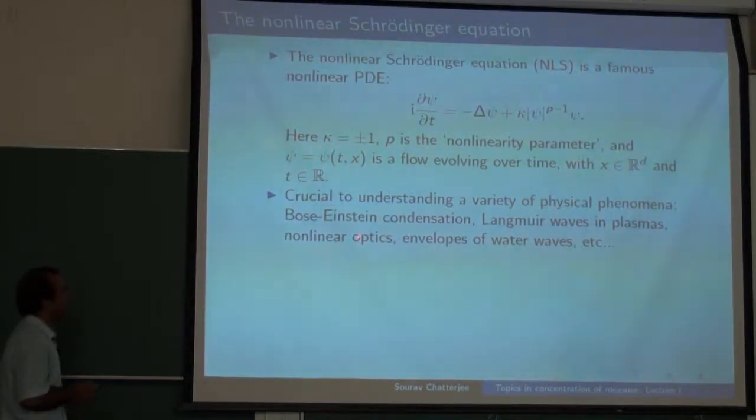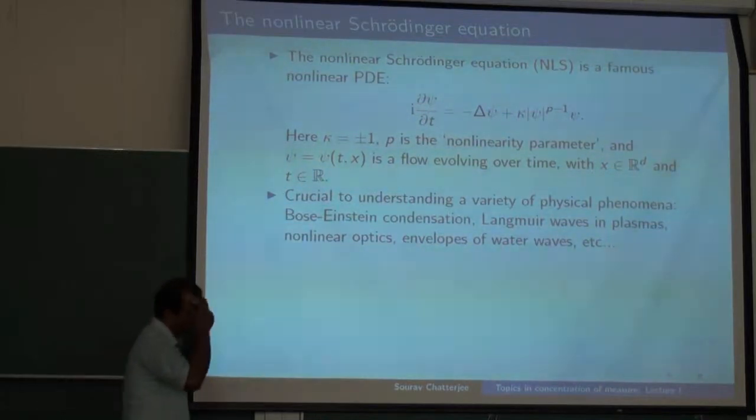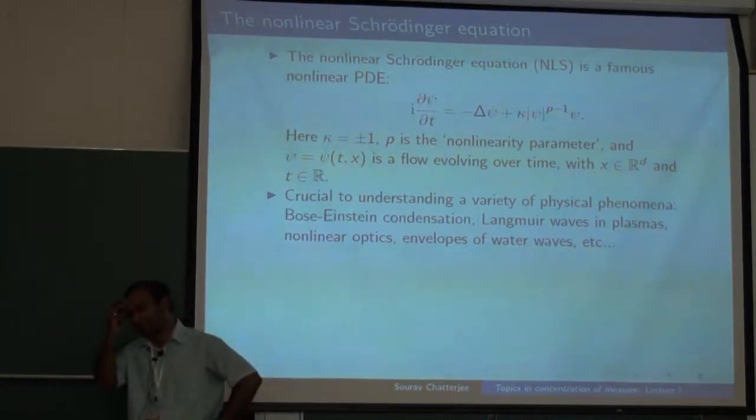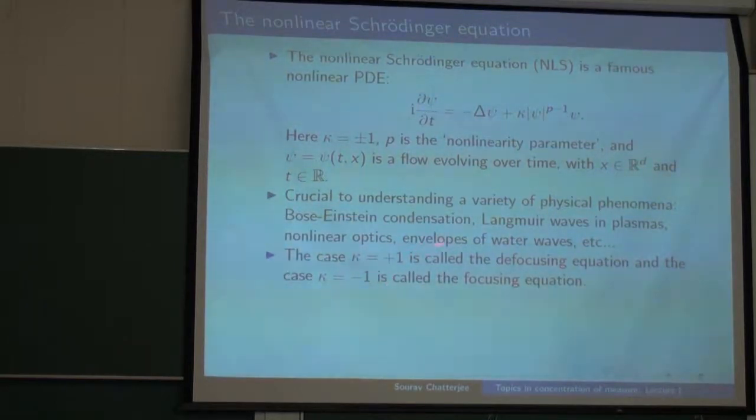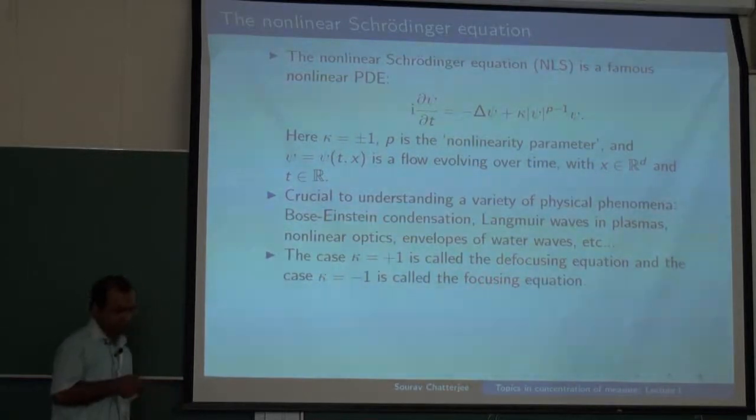It arises in all these things, and there is some rigorous justification for these physical connections also. The cases kappa equals +1 and -1 are quite different. So +1 is called the defocusing equation, and -1 is called the focusing equation, for various reasons. And the defocusing equation is much better understood than the focusing equation.